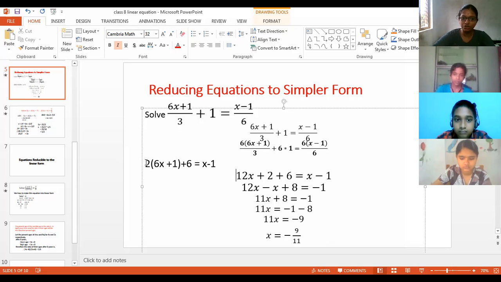So we get 2 into 6x plus 1 plus 6 is equal to x minus 1.